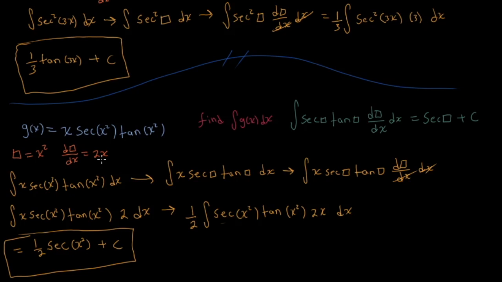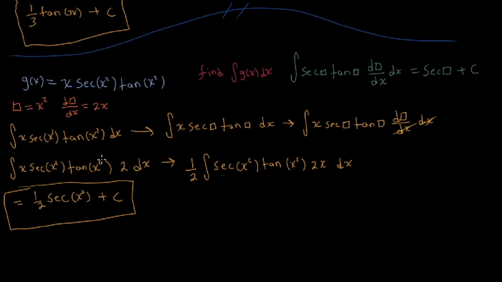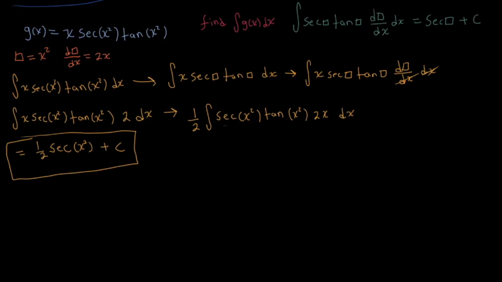And just another quick trick to remember, I'm going to scroll down here and show you something else. If you're ever given a function that has cosecant of something times cotangent of something, just remember that this is actually the derivative of a negative cosecant of something.